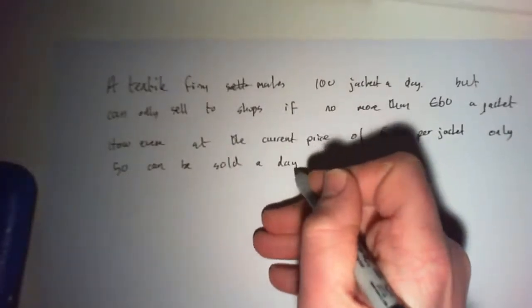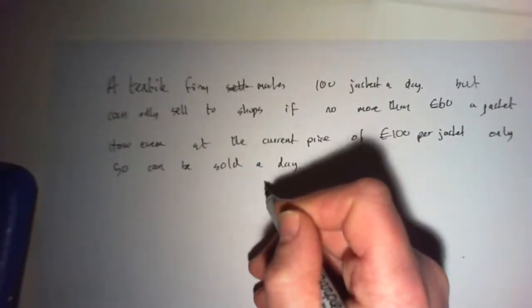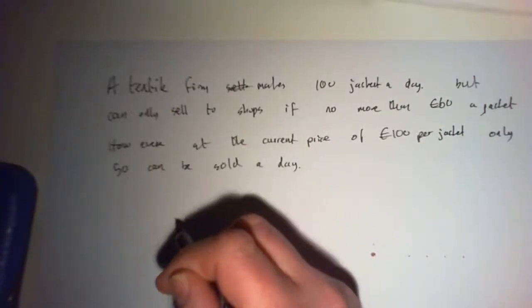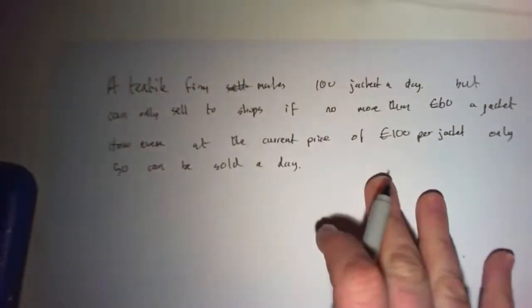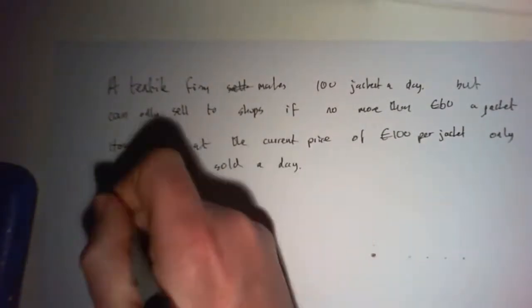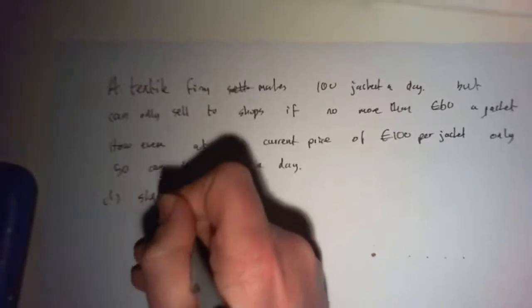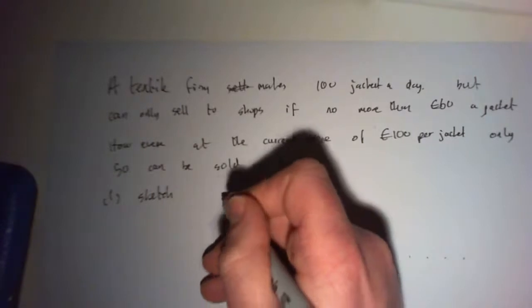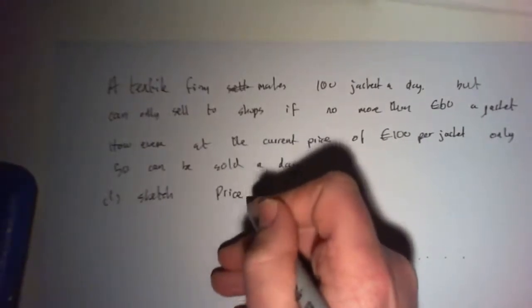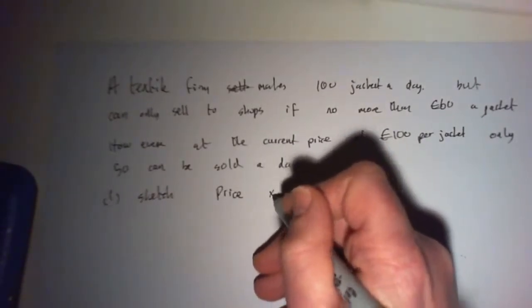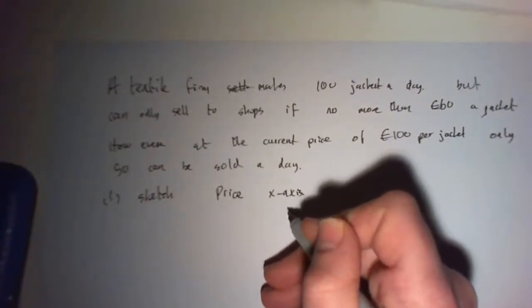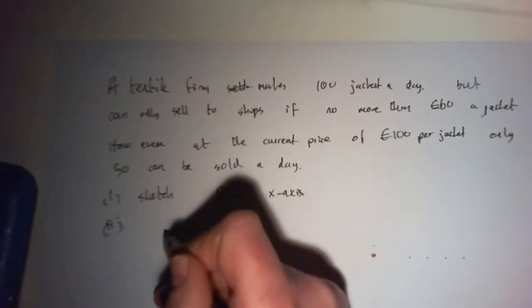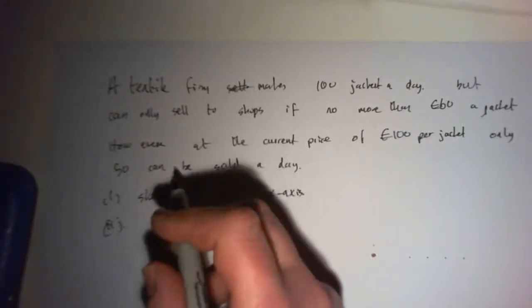I see what they're trying to do here. Okay, so we're looking at price versus the number sold per day, and we want a sketch with the price being the determinant factor, price on the x-axis. Okay, we want the equation, okay, for both of them.